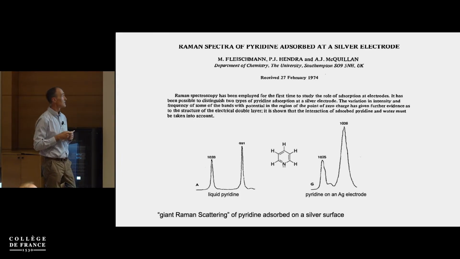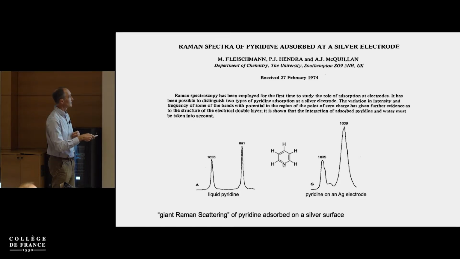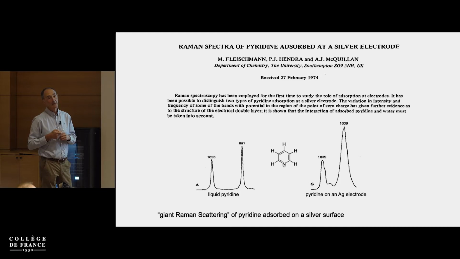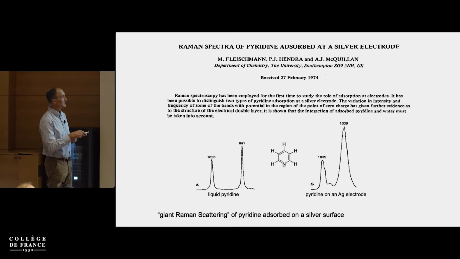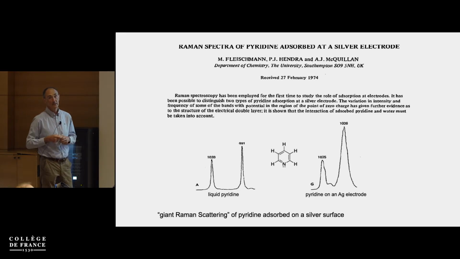What Fleischmann observed was that when they were measuring the Raman scattering of pyridine on top of a silver electrode, the intensity that they obtained was many orders of magnitude higher than the one for the pure compound. And the explanation that they found was mainly that the electrode was very rough, and so many more molecules would be adsorbed because they were following the roughness of the substrate.